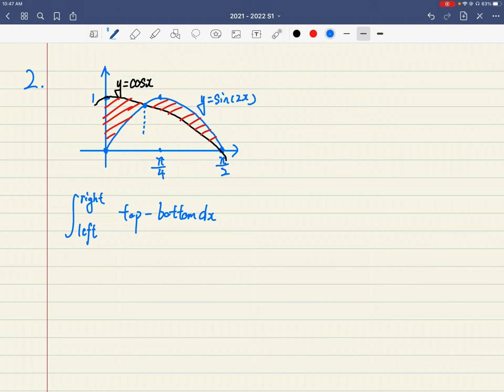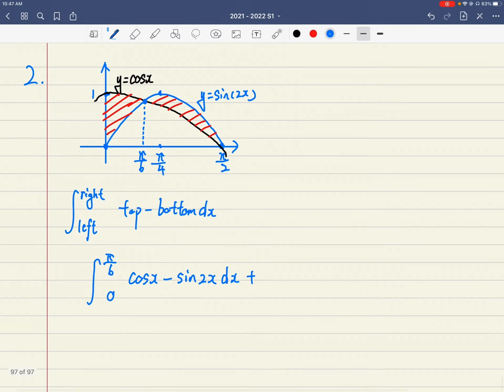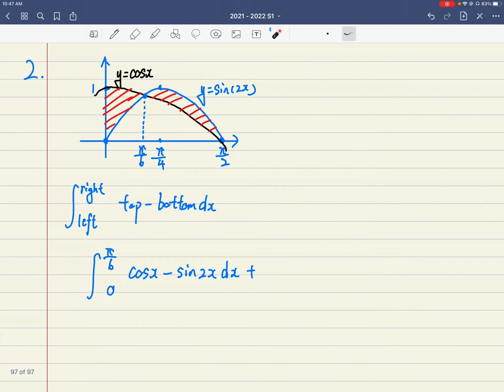So you must know what this point is, and the question is very lenient. It tells you this point is pi over 6. So from 0 to pi over 6, cosine is on top and sine 2x is on the bottom. So it's the integral of cosine x minus sine 2x, that is the first part.